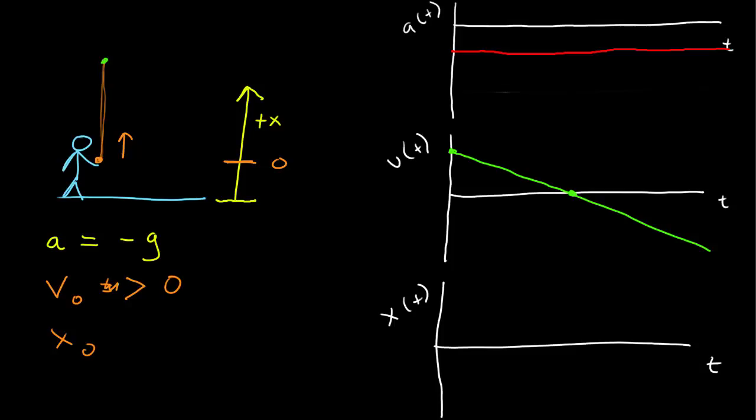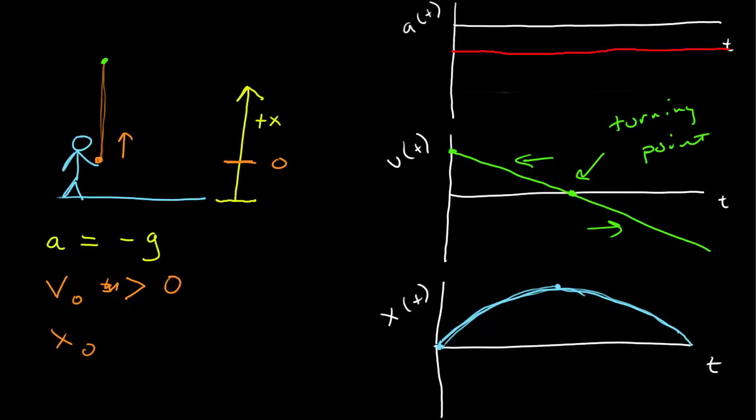And then after it turns back down, its velocity is negative, meaning it's pointing down. Before it turns around, it's going up, which means the velocity is up. This point right here is a turning point where the velocity goes through 0. And finally, the position starts at 0, it goes up to some maximum value, and then comes back to 0.